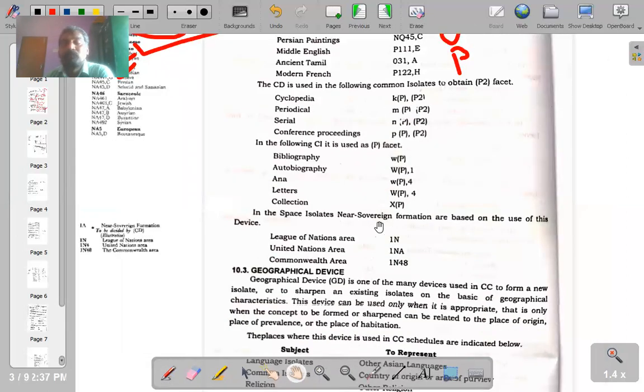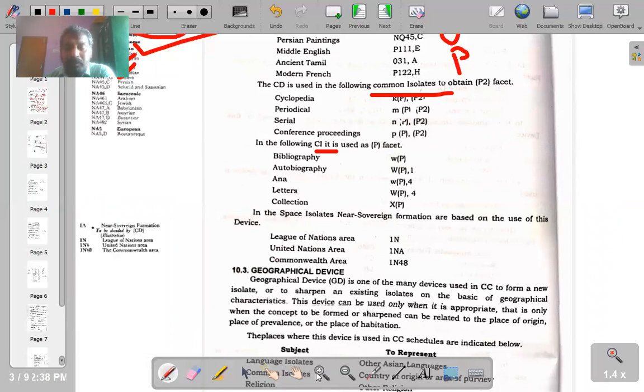If you come down a little bit, you can see the places where the chronological devices are applied in common isolates. Maybe in the next class when we talk about common isolates, I'll tell you what a common isolate is, and where we can make use of this chronological device. I'll tell you later on.